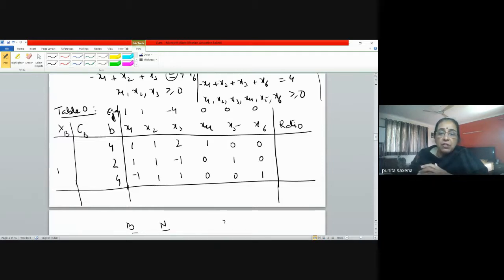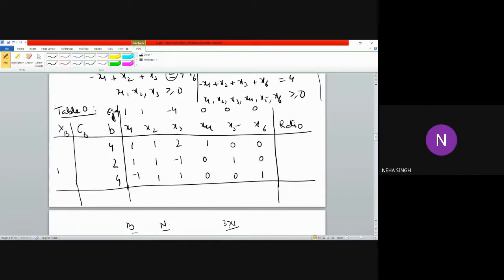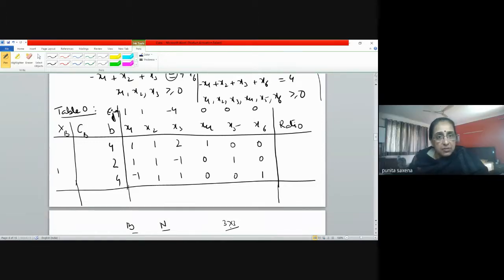If you have a 3 cross 3 matrix, which type of matrix is the easiest to find the inverse of, where we don't have to calculate anything? Identity. Identity matrix. Now, if you just look at this A here, it has been bifurcated itself. We need a 3x3.